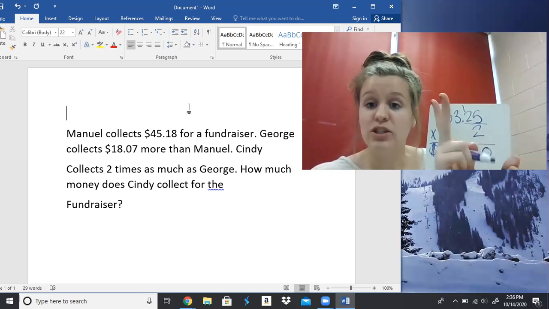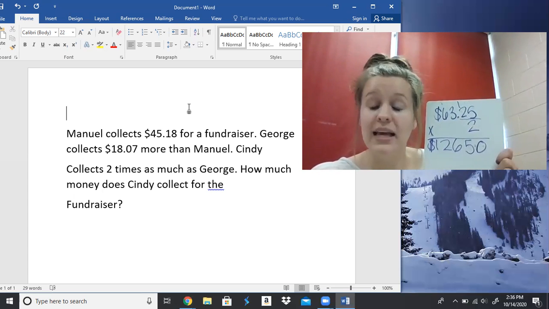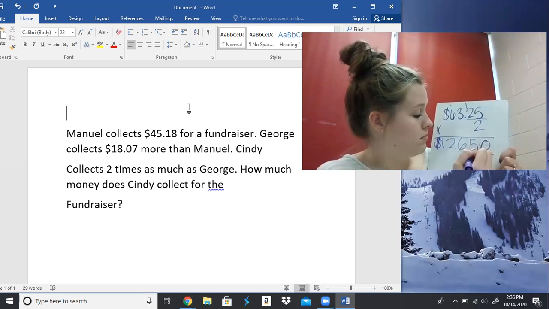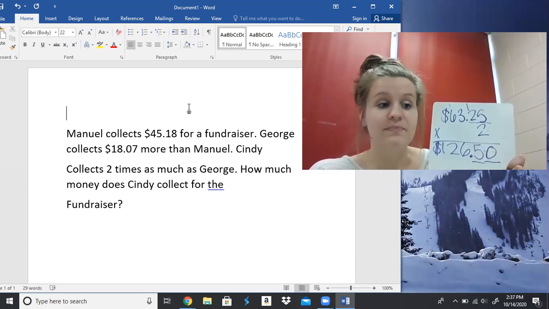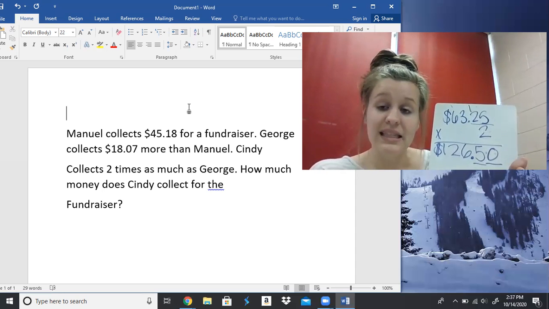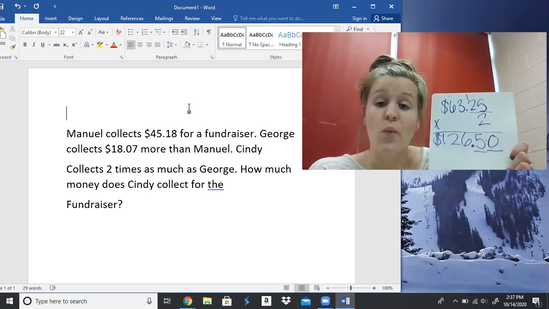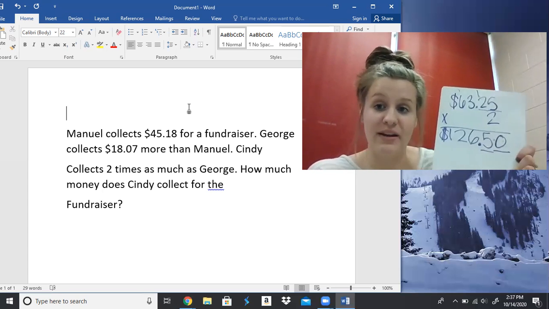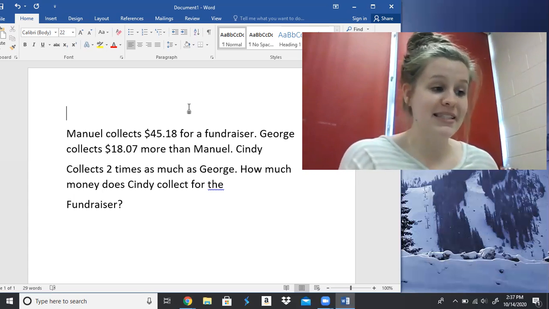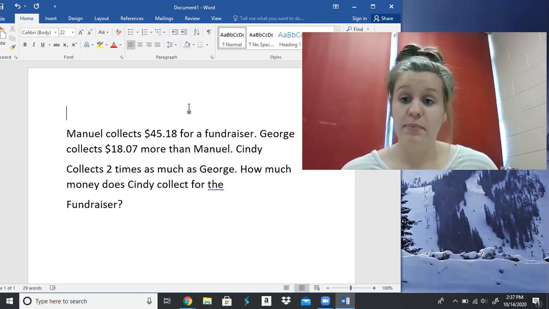So that means I need 2 places behind my decimal in my answer. 1, 2. So my decimal goes right in between that 6 and 5. And we just found out that Cindy collected $126.50 for that fundraiser.